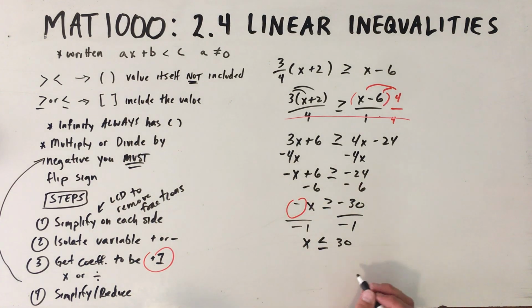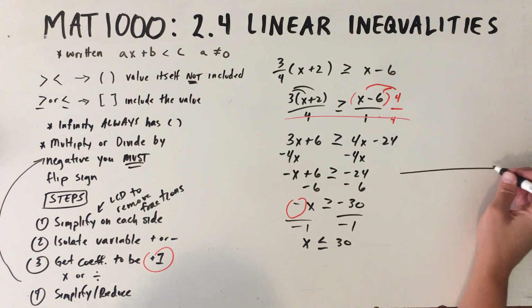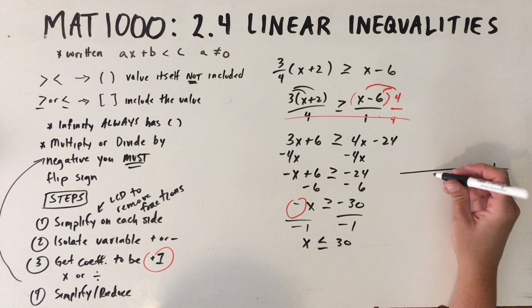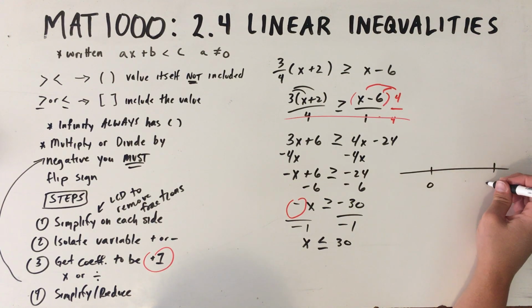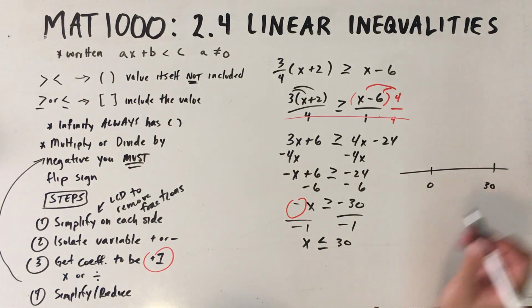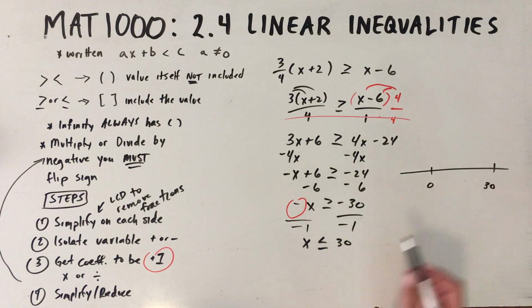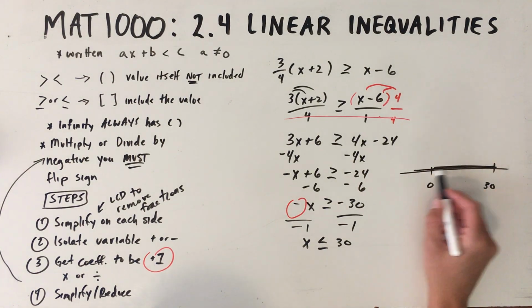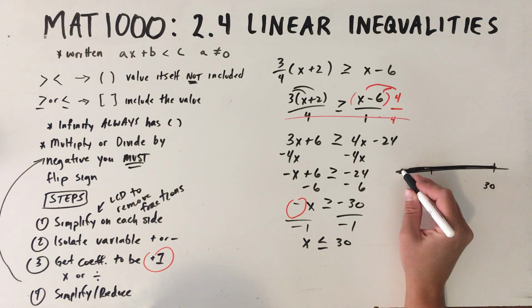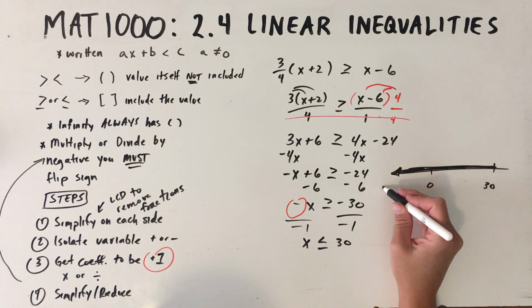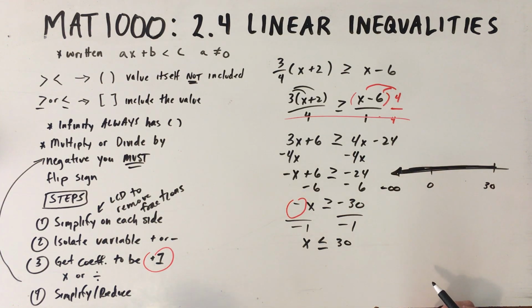So here's my solution. Graphing this on a number line, I'm going to say 0, 30 all the way over here, and I'm talking about all the values that are less than. x is everything that is less than 30. So it's all of the values over here. This is approaching negative infinity.